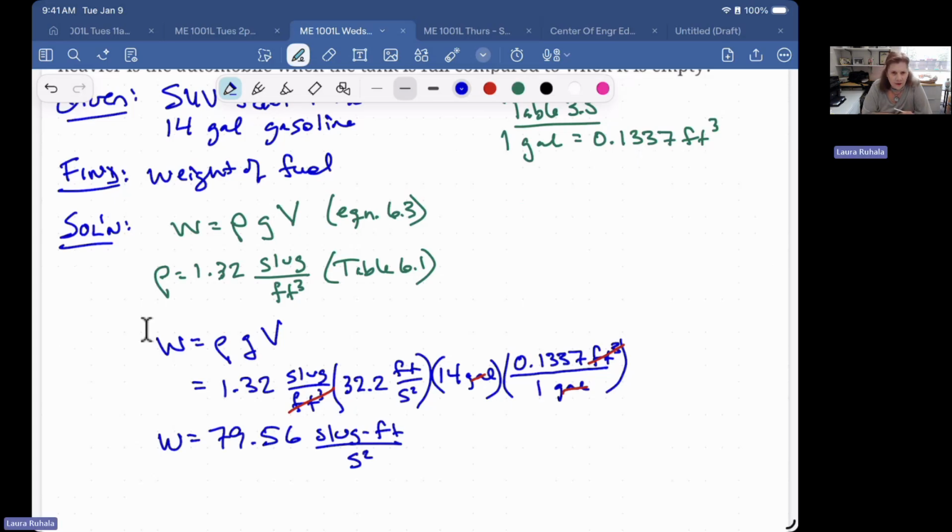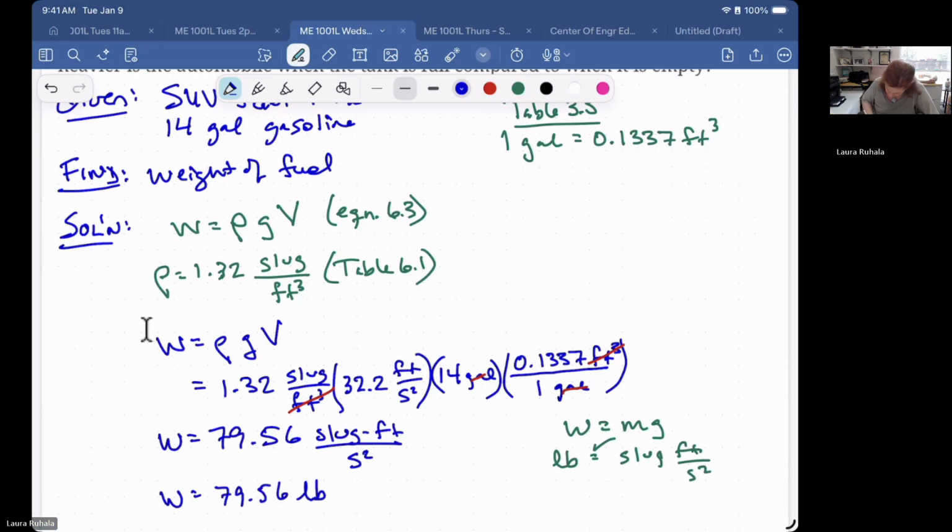Is that going to be pound? Well, to convince myself, I always go back to this, that weight is equal to mass times gravity. Putting it in terms of units, pound is equal to mass, which is slug, times gravity, which is foot per second squared. So yeah, a slug foot per second squared definitely is a pound. That is correct. So I'll give my weight is equal to 79.56 pounds.